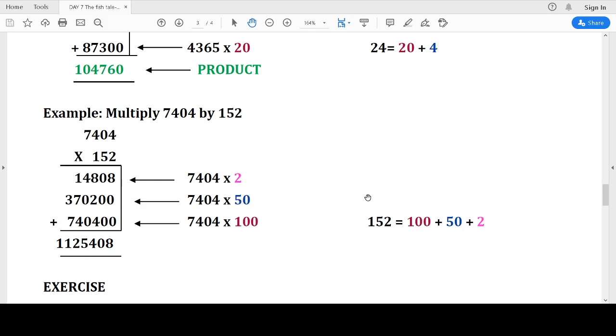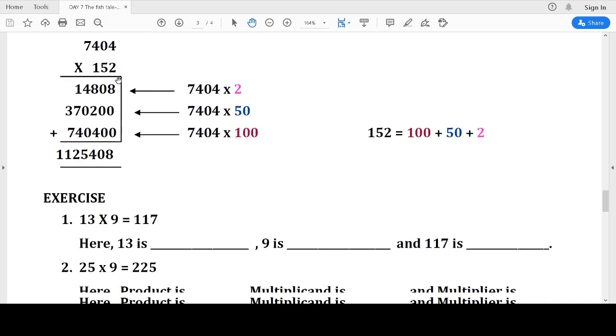In the second line I'll multiply 7404 by 50, and in the third line I'll multiply 7404 by 100. We'll write the answers here, and then in straight columns we will follow the addition rule and add the numbers. The final answer is called the product. So here the product is 11,25,408 and here the product was 1,04,760.